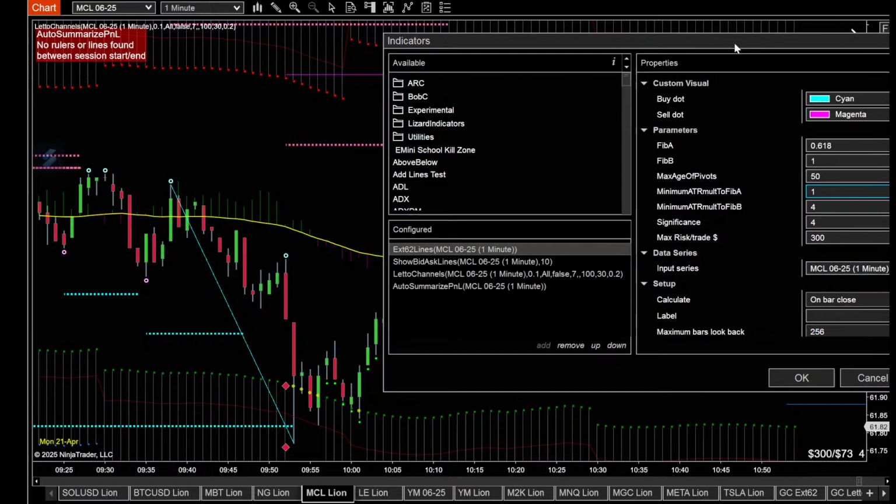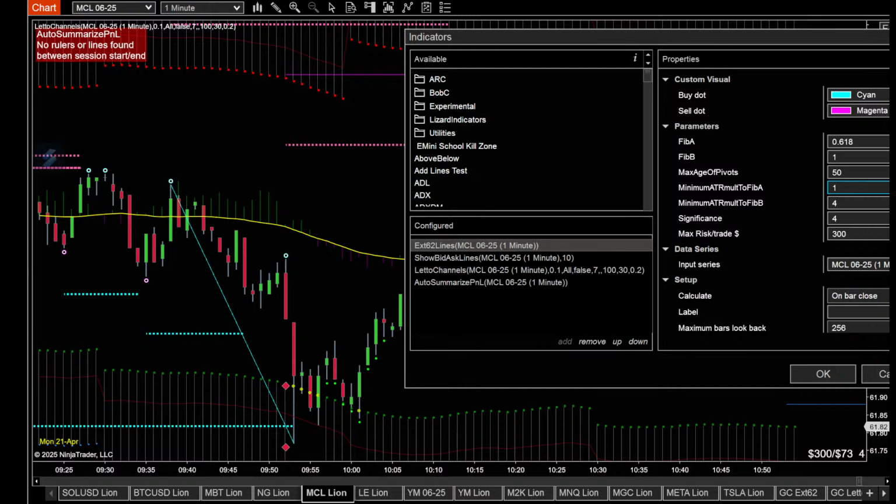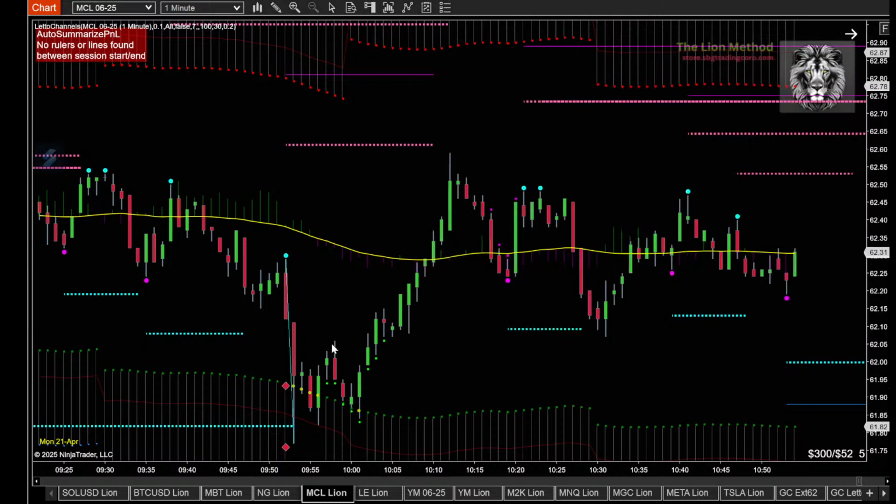So what it is telling us is that this distance from this high, from here down to here, needs to be at least 1 ATR of the last, I think it's 14 bars.